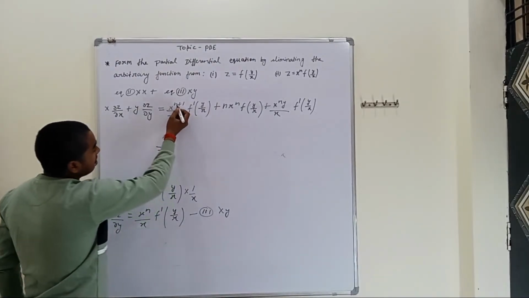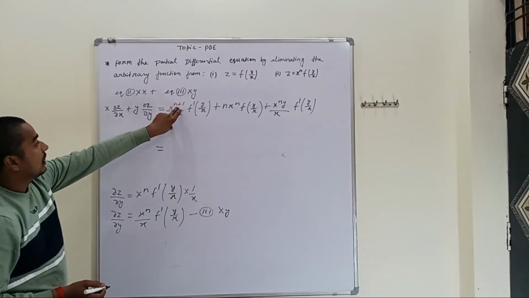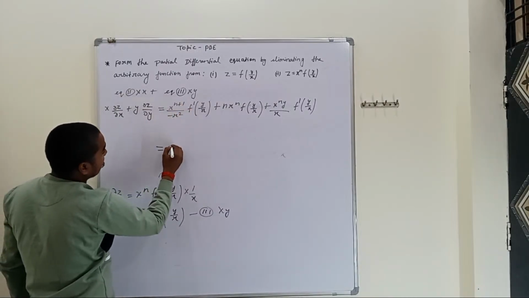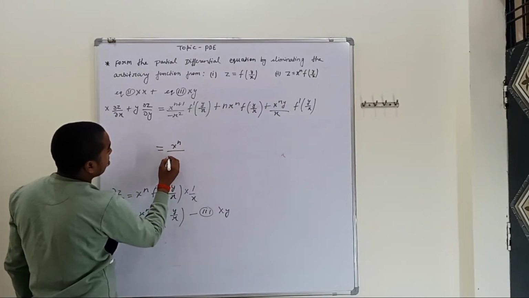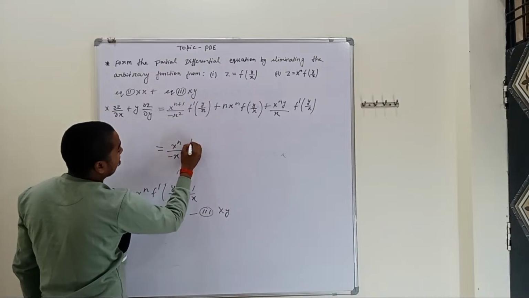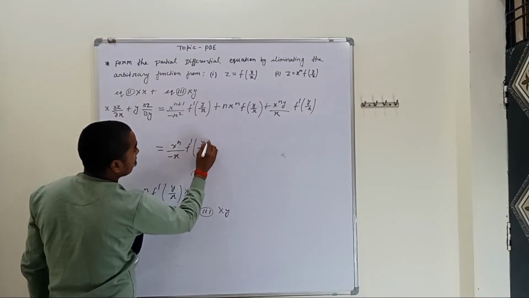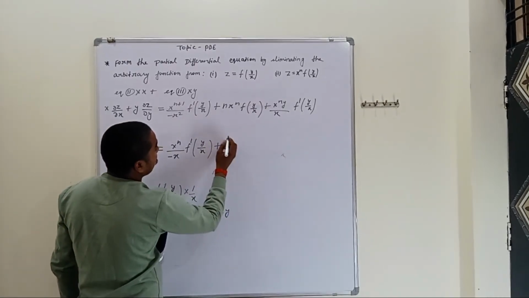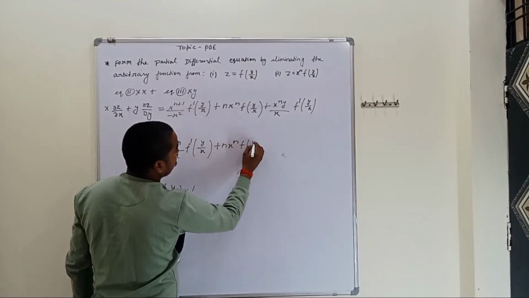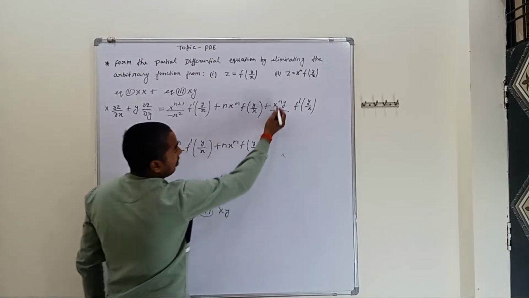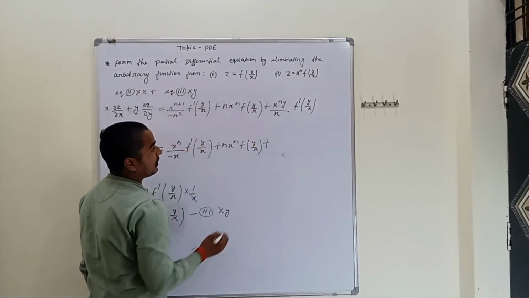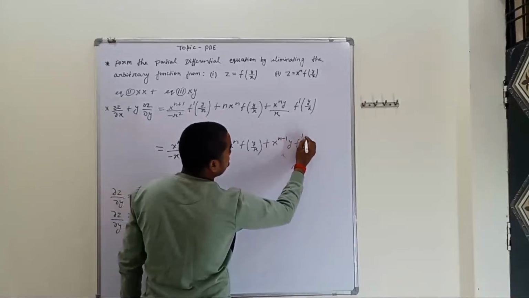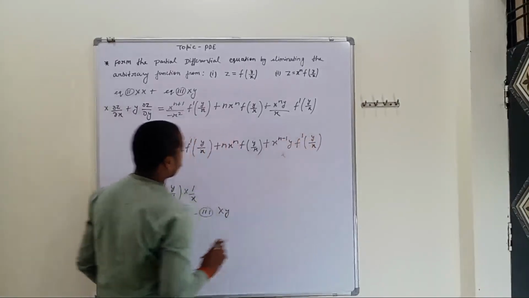From here, that is x^(n+1), that is x power n into x, x power n, x cancels out, and the remaining is x power n minus x f dash y by x, and from here n x power n f of y by x, and from here x is taken into numerator, that is x power n minus 1 into y f dash y by x.